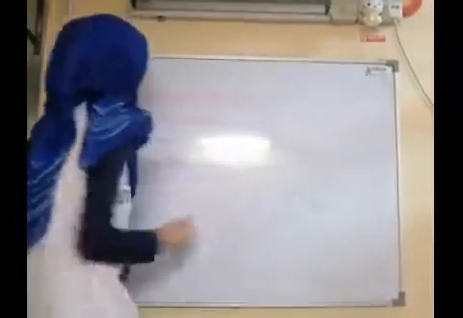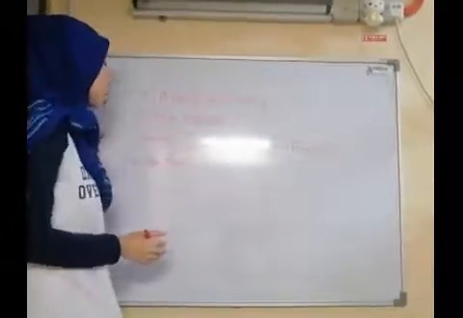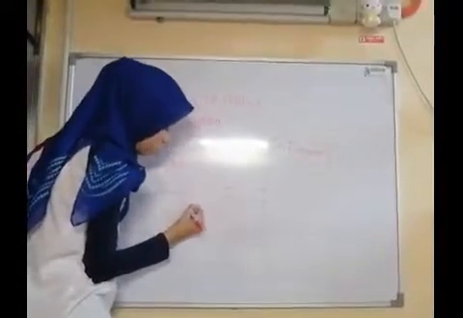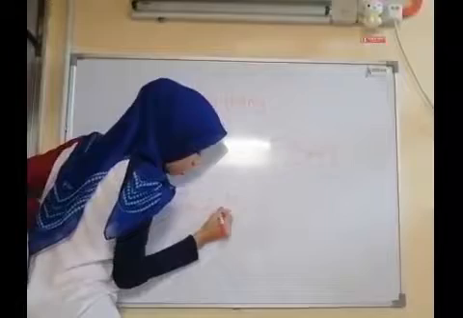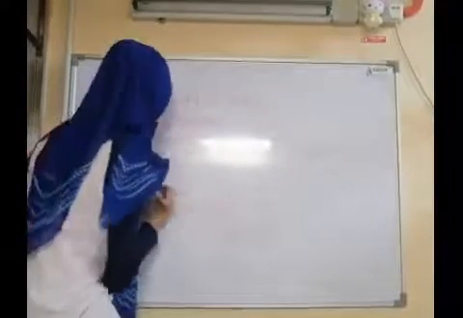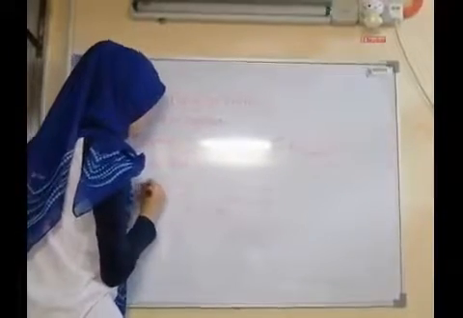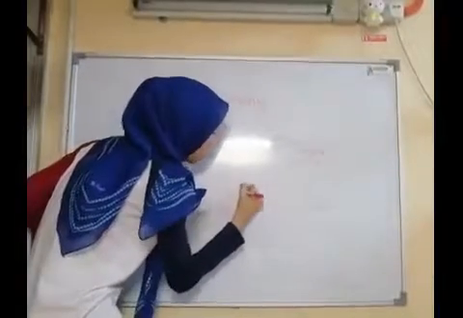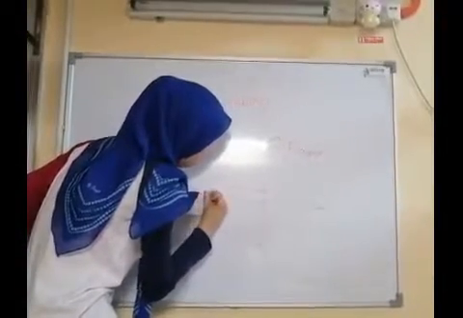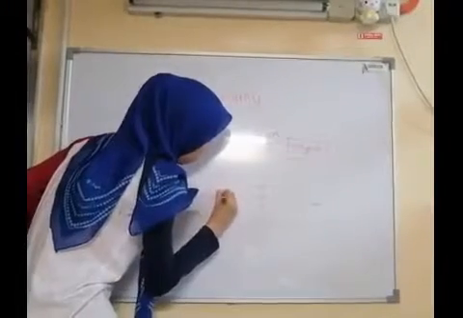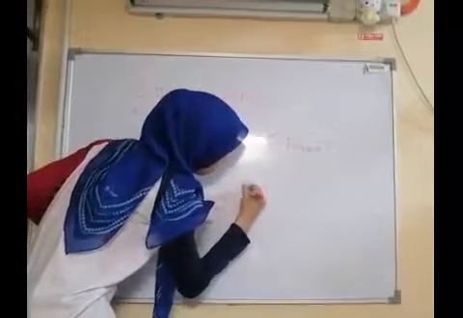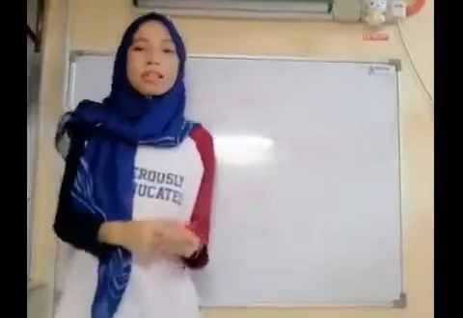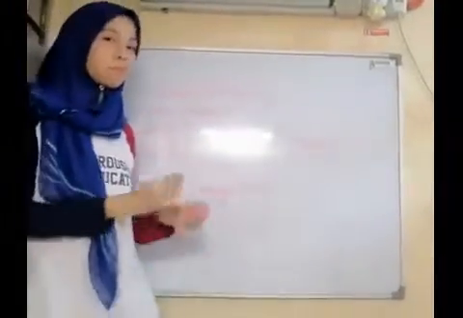This one is an example for Chen notation, while for Crow's Foot notation we use this symbol as a sign to connect it, which is many students can be assigned many projects. Okay, that's all for the relationship. Thank you.